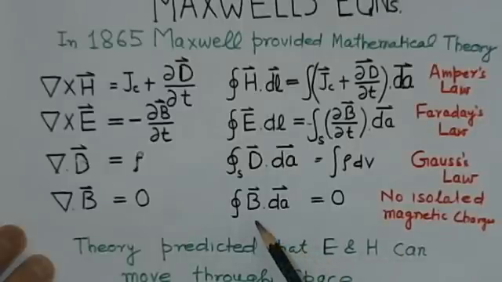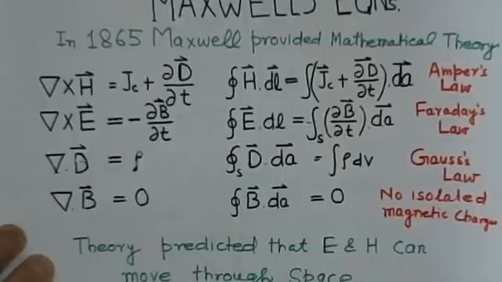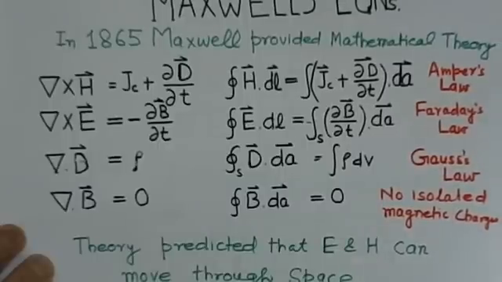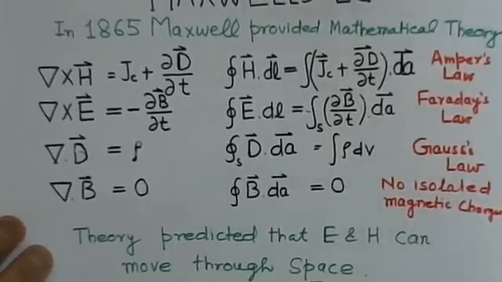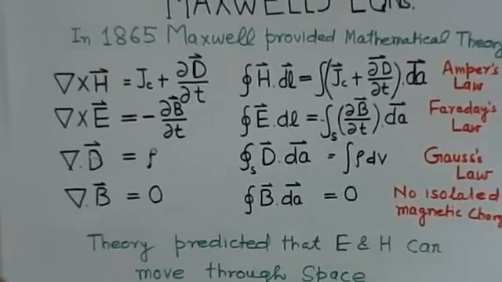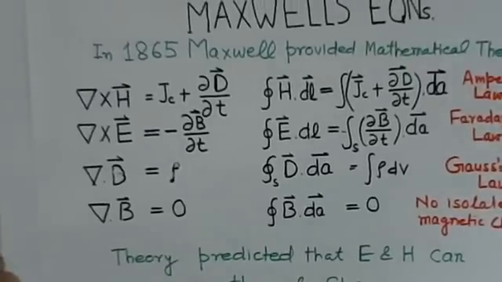That means the net magnetic flux coming out of an area is equal to 0, because there are no isolated magnetic charges. As isolated electric charge exists, magnetic charges are not isolated, so the net flux is always 0.